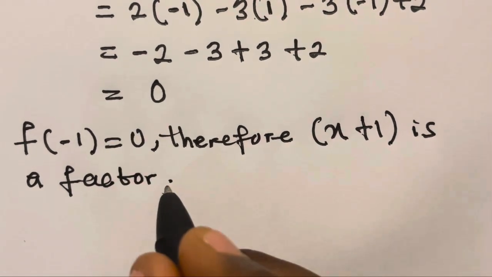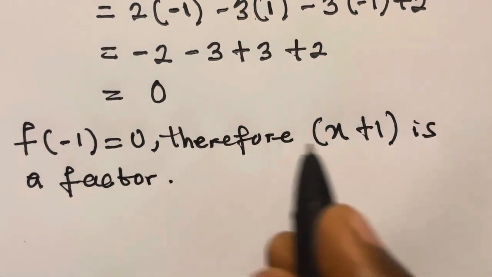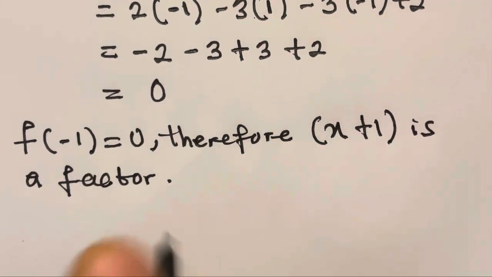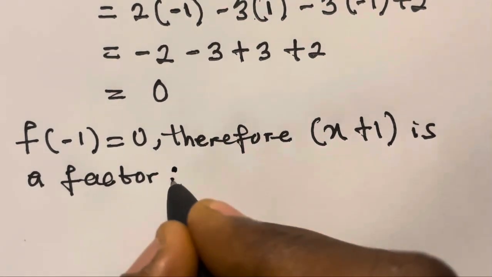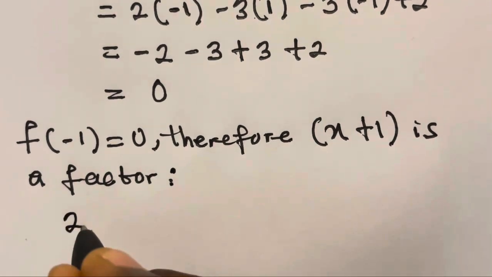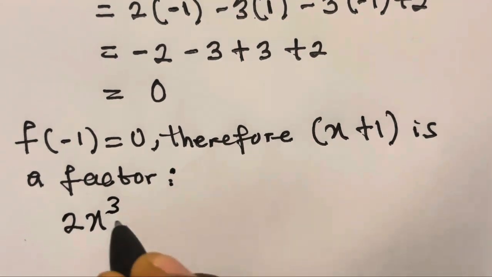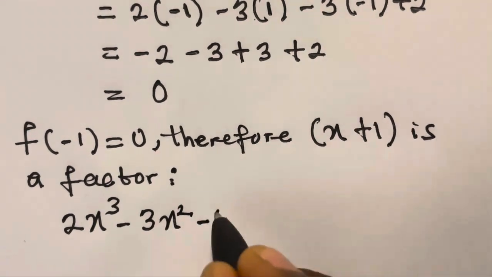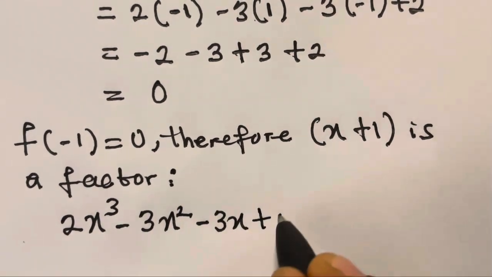So we have to divide our original equation by this. Our original equation is 2x cubed minus 3x squared minus 3x plus 2.